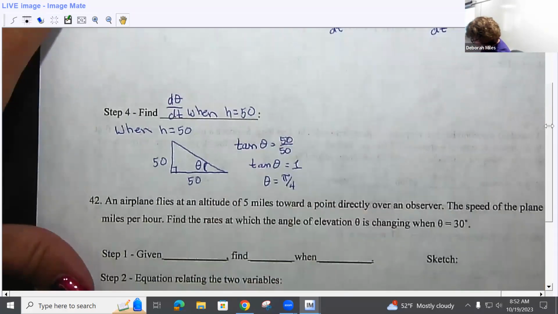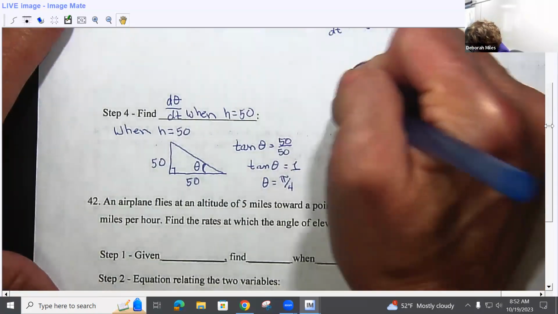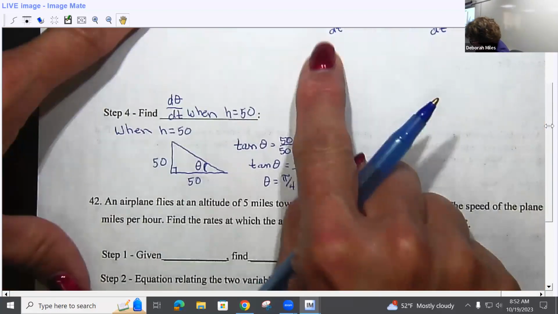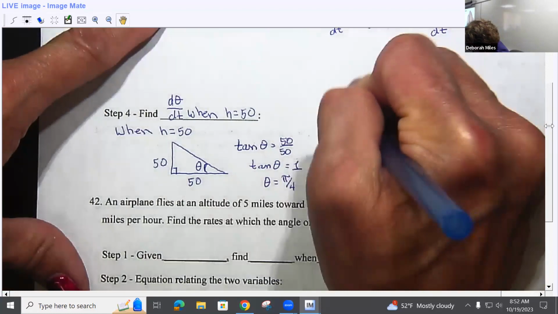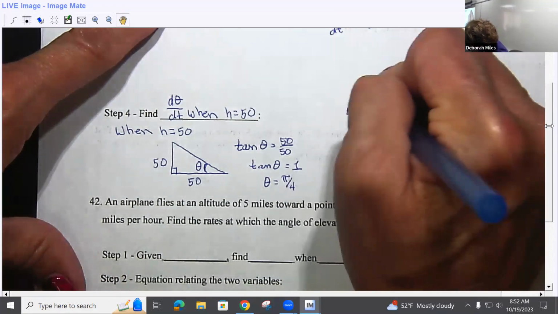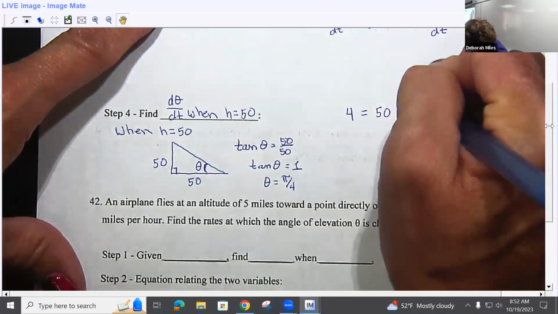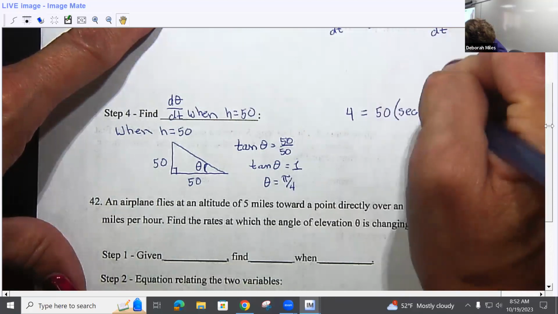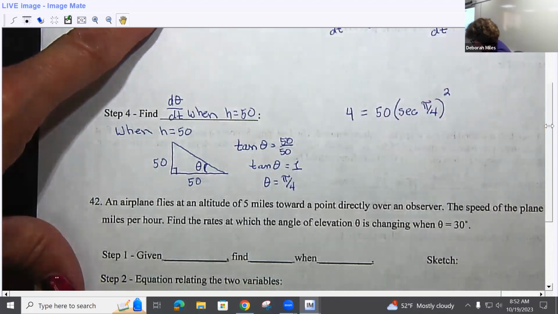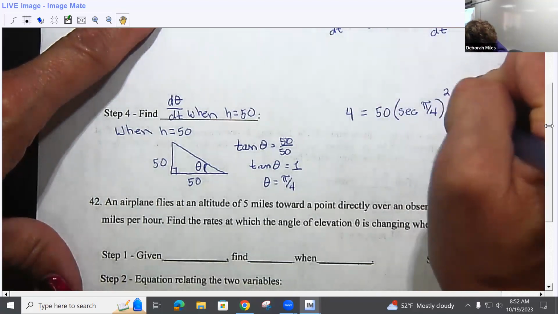But I think I have time to finish this one real quickly. If I'm solving for d theta over dt when h is 50, I know dh over dt is 4. I know 4 equals 50 times secant of pi over 4 squared, times the thing I'm looking for, d theta over dt.